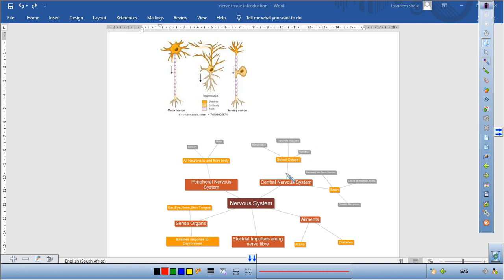And now this is a little mind map that I've got for you. Let's just go through it briefly. Here's our nervous system. Initially, I introduced to you the central nervous system. Let's look at it here.